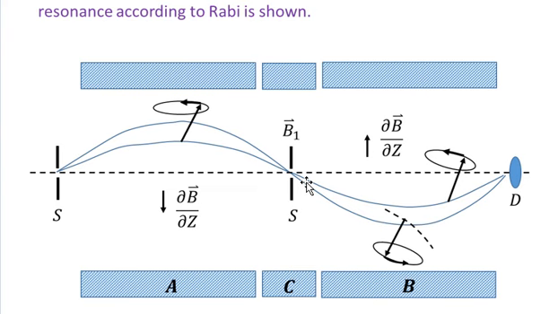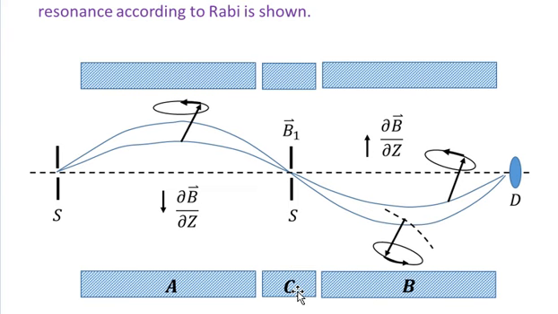The second way of meeting the resonance condition is that you fix the value of B1, some arbitrary value, and keep on changing the value of the homogeneous magnetic field due to magnets C. Since you keep on changing the value of the field of magnets C, it means that you keep on changing the separation between the two hyperfine levels.